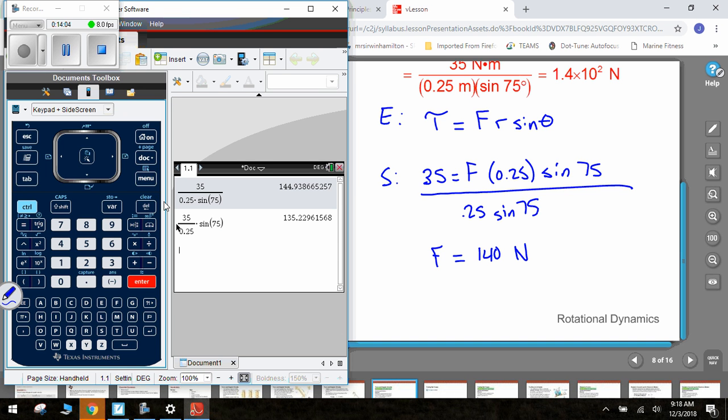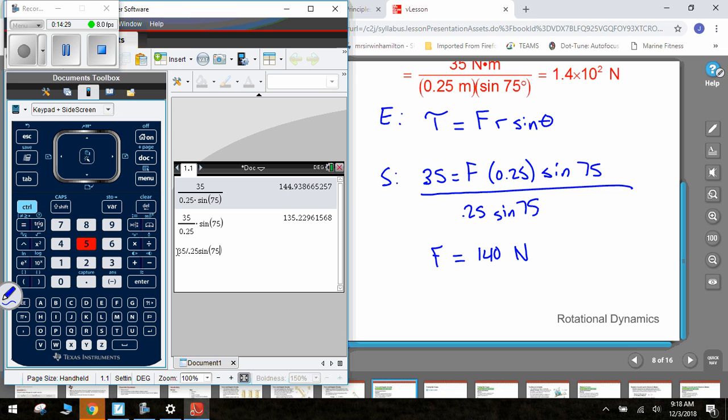It's going to do exactly what you tell it to do despite what your intentions are. So it's really good at looking things up, but it's not very bright. So when you put that in, it looked like you did 35 and you told it to divide by 0.25, sine 75. That's what you told it to do, right?